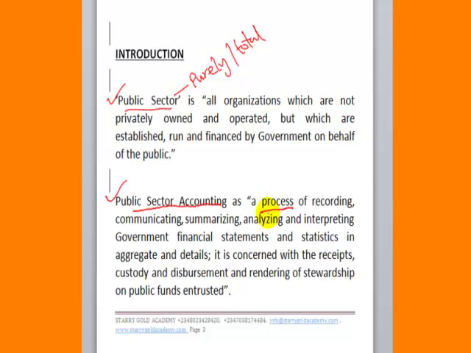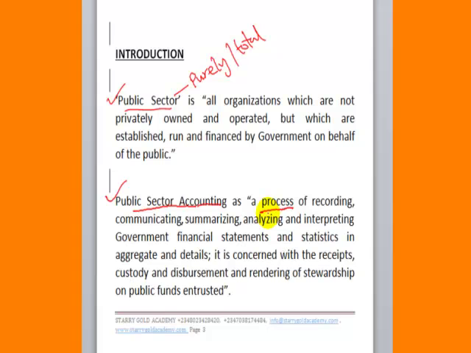So in public sector accounting, taxpayers' money is in the custody of government officials, and they have a responsibility to give account of it. That's what we mean by rendering stewardship of the public fund entrusted in the hands of the government to the public, to the members of the public, or to the citizens of the country.